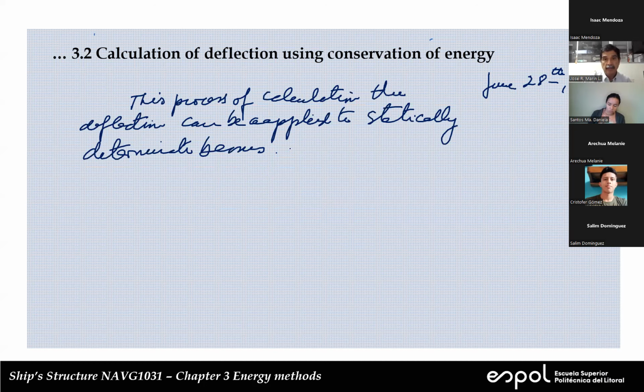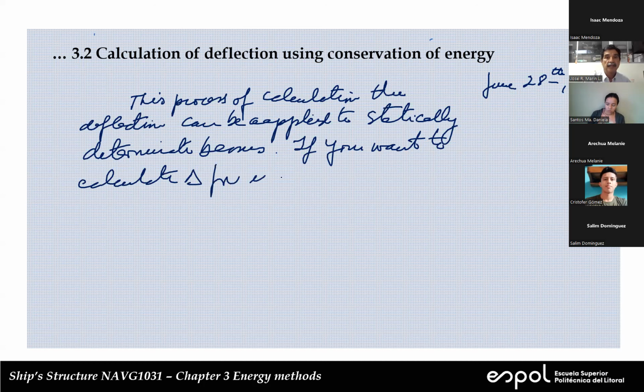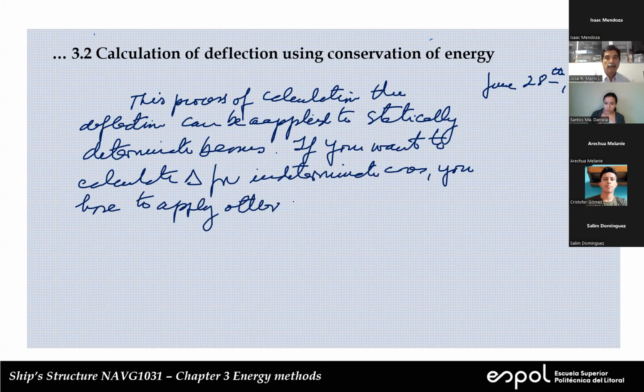So let's put here, if you want to calculate delta for indeterminate cases, you have to do it by other energy methods.